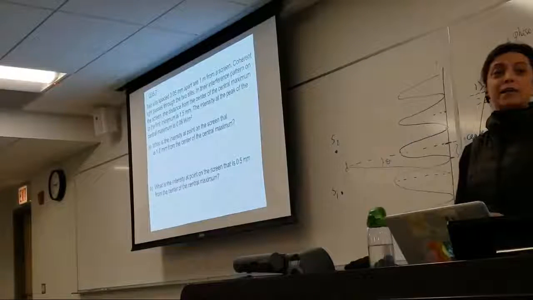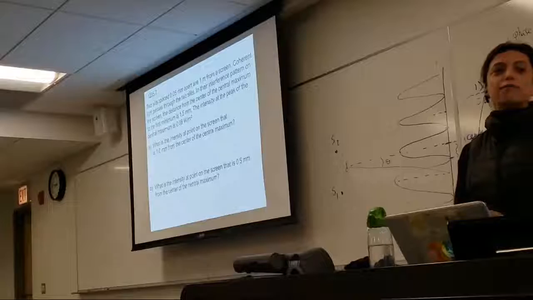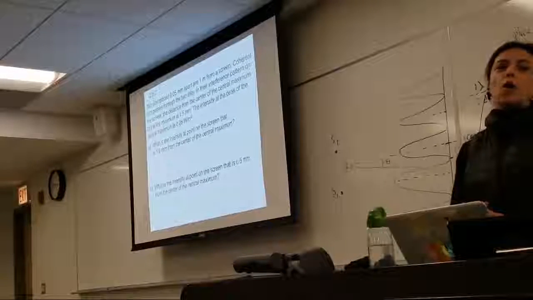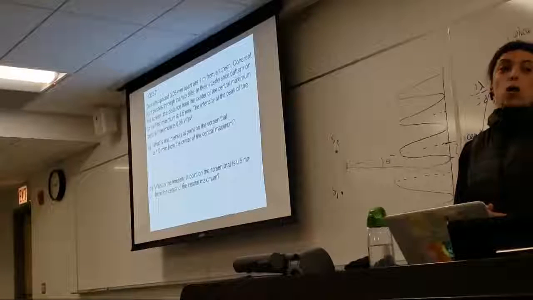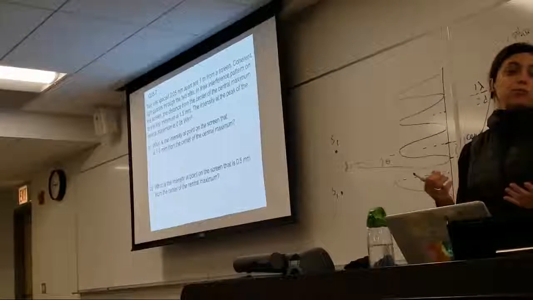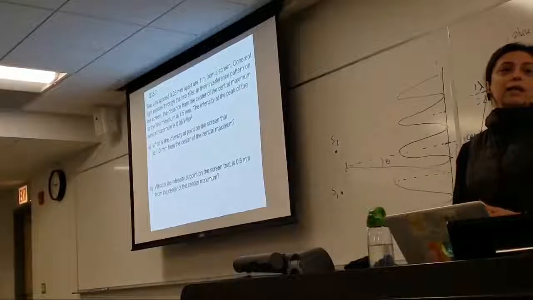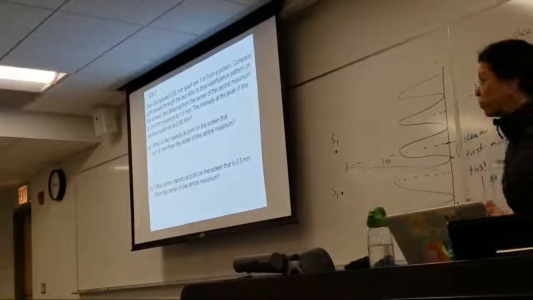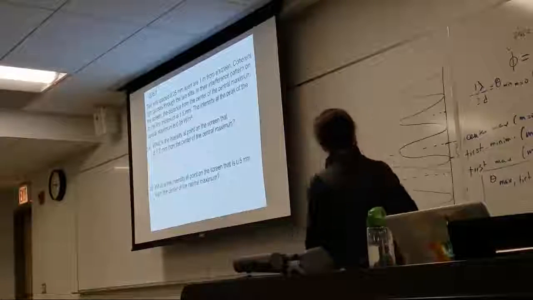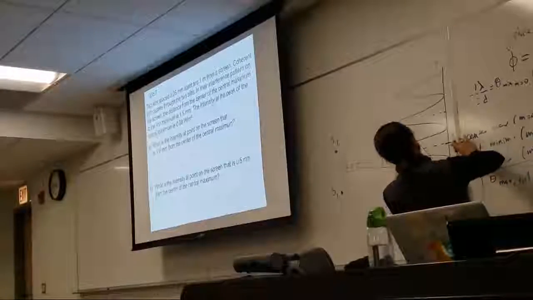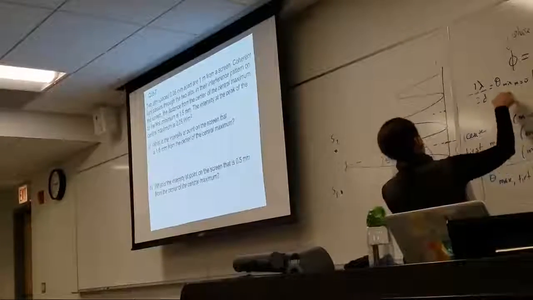The intensity at the peak of the central maximum is 0.08 watts per meter squared. What is the intensity at a point on the screen that is 1 millimeter from the central maximum? So what this is saying is that the first minimum, this distance, we know the angle.